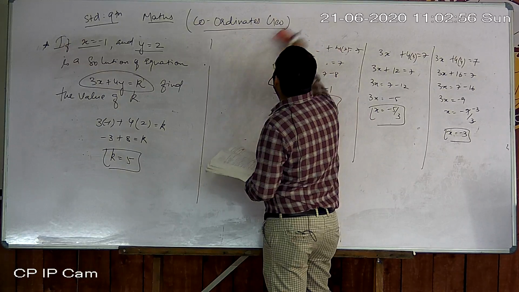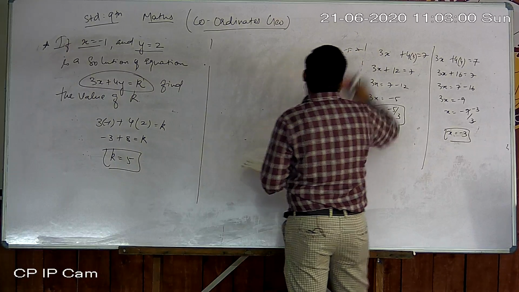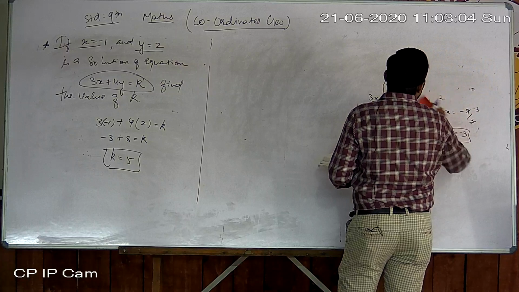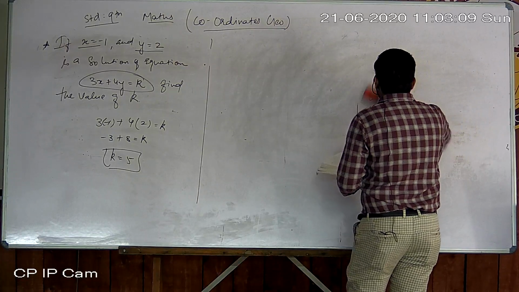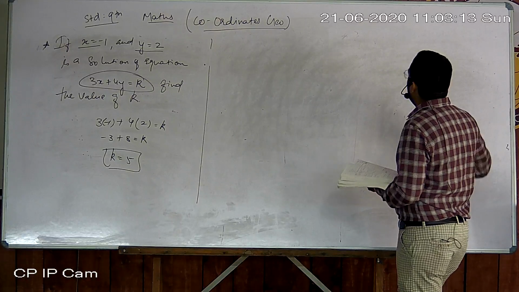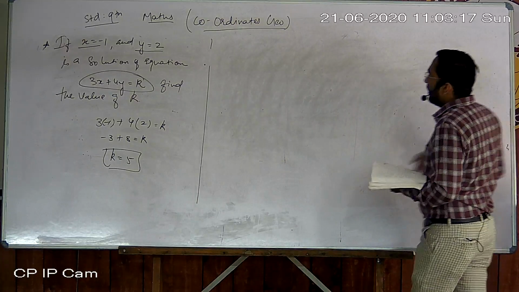Now we are moving on to the graphical method. I have already told you that whenever we take a linear equation in two variables, the graph shows a straight line in any quadrant.